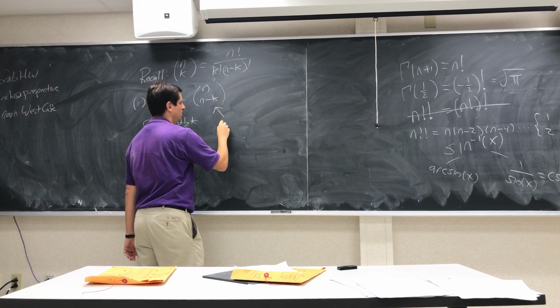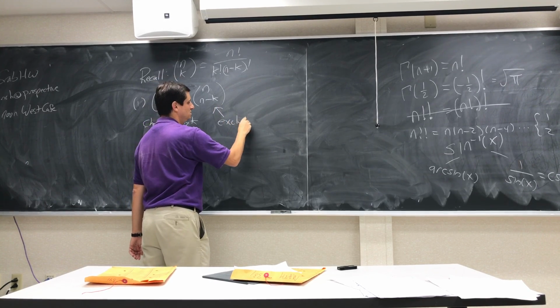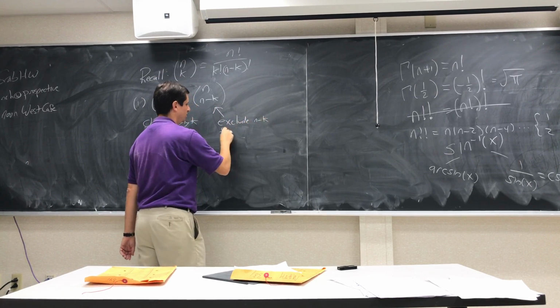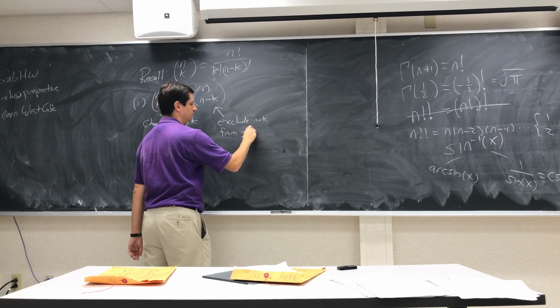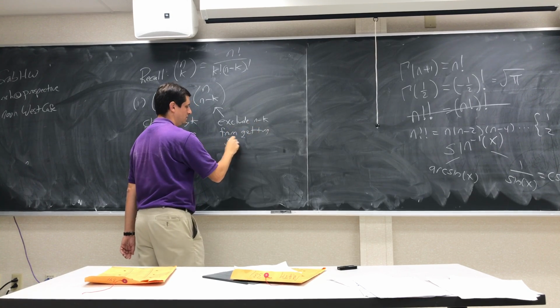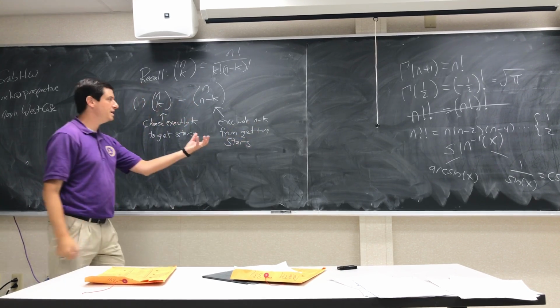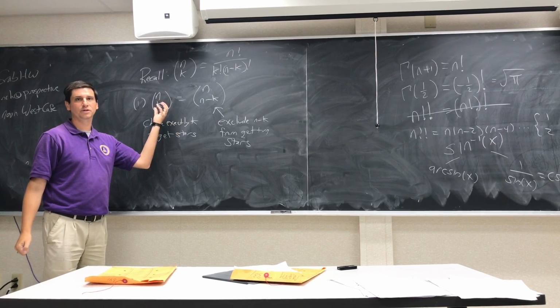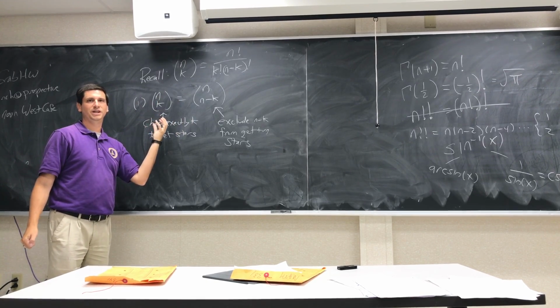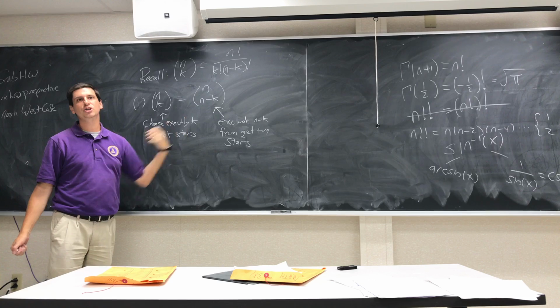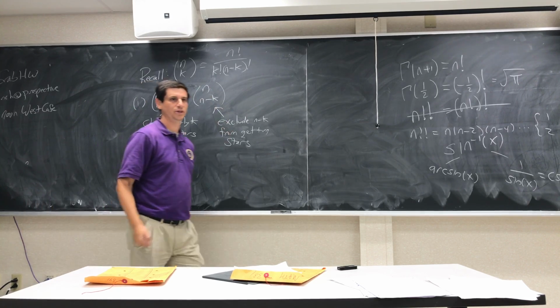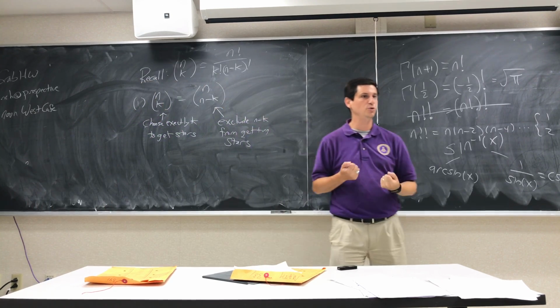Yeah. Exclude n minus k from getting stars. So what we're basically saying is, if I choose k people to be in my group, that's the same as choosing n minus k people to exclude or not be in my group. So this is the story proof that the two are the same.